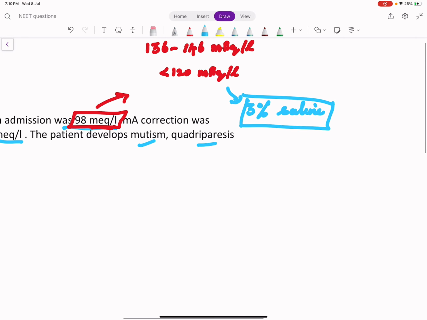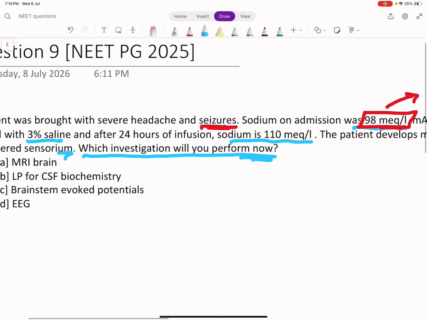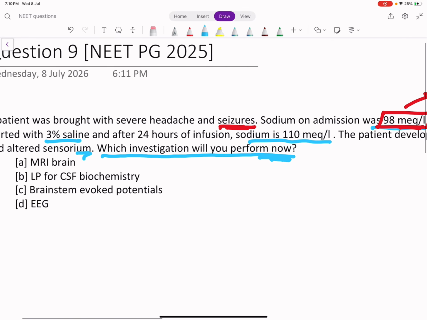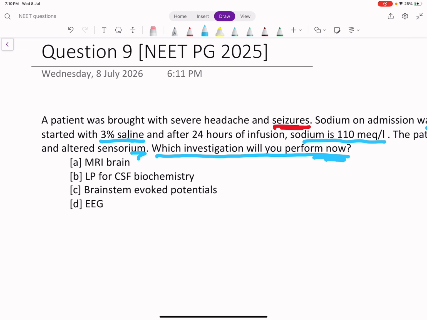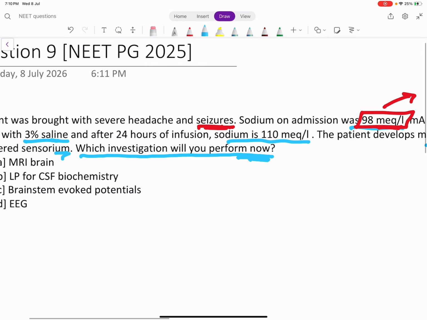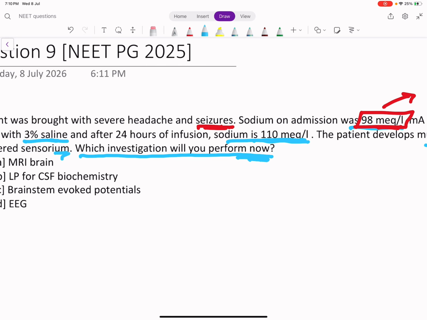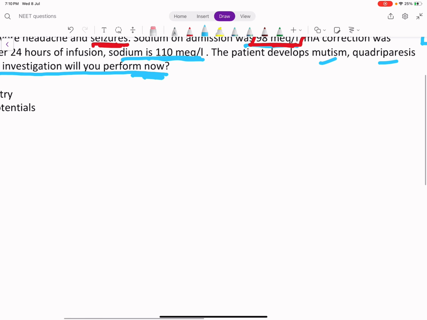So remember, we had discussed there are 2 endocrine disorders which cause hyponatremia. One is Addison's disease and another one is hypothyroidism. Of course, the question is not on that, just for revision. A correction was started with 3% saline, and after 24 hours of infusion, sodium is 110 milliequivalents per liter. Another very important practical point in sodium management is that sodium correction should always be slow.